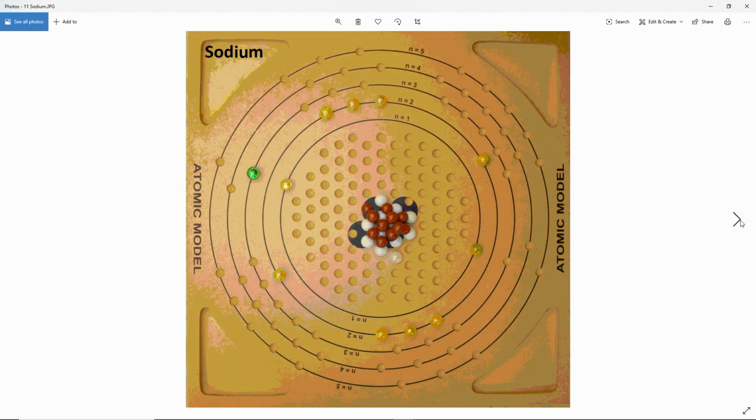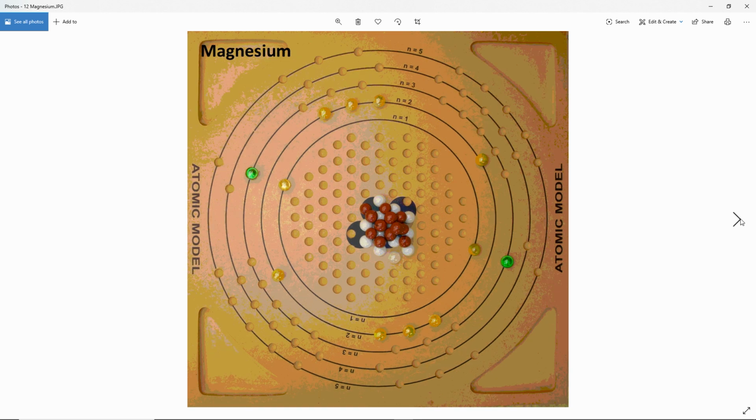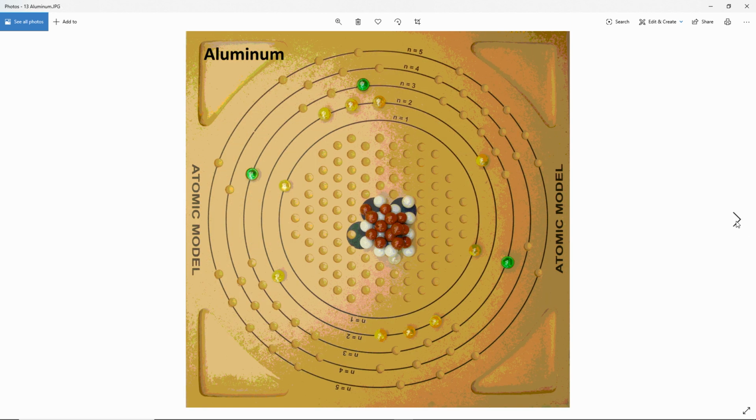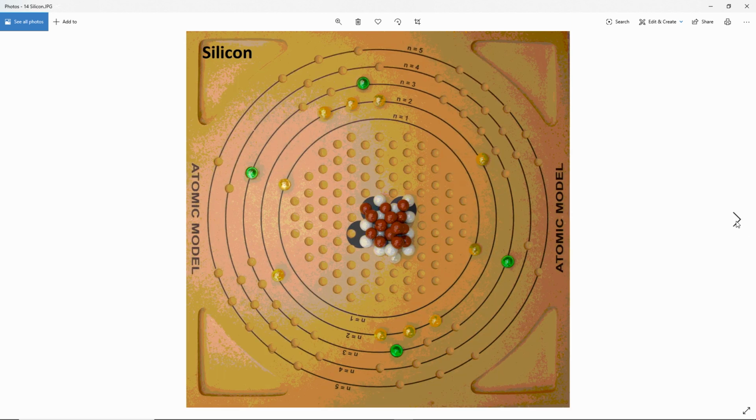So then we start the third one. Sodium, again: the first shell closed with 2, the second closed with 8. So we only discuss the third one. The third energy shell has 1. Magnesium has 2. You see, 1 and 2. Next, aluminum has 3, and silicon has 4.